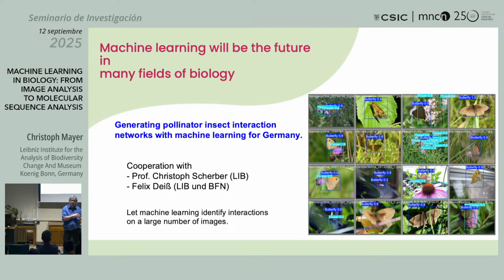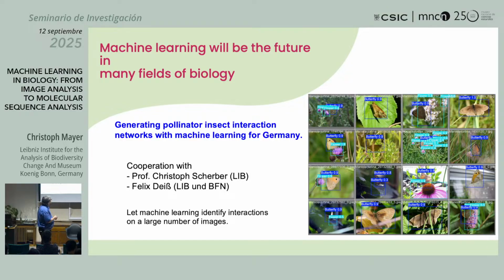And what ecologists are interested in is, for example, species interactions. Here, pollinator-plant interactions. Which insects visit which plants? And that's something we can do automatically with machine learning. We give it a lot of images, and it will identify the species, the insect and the plant, automatically.